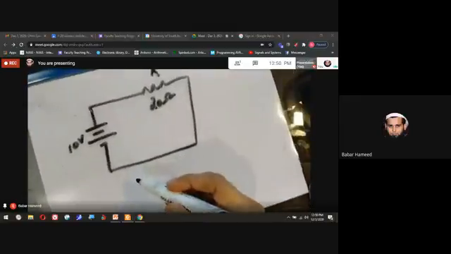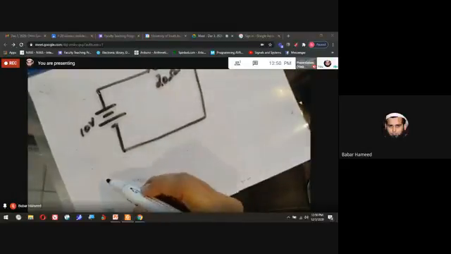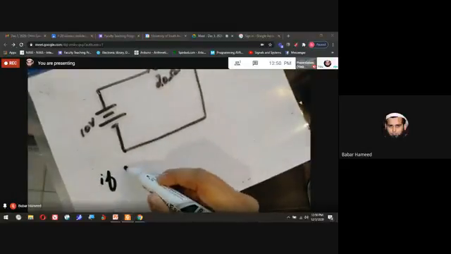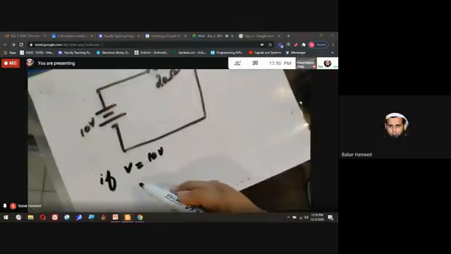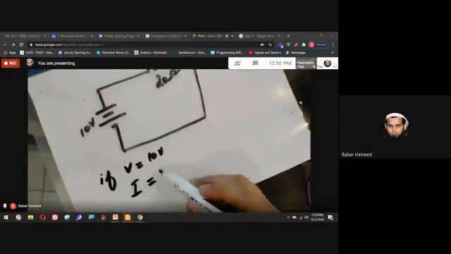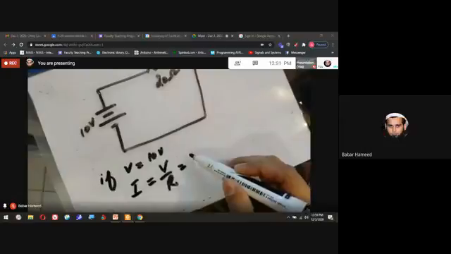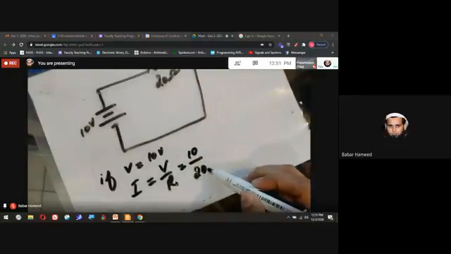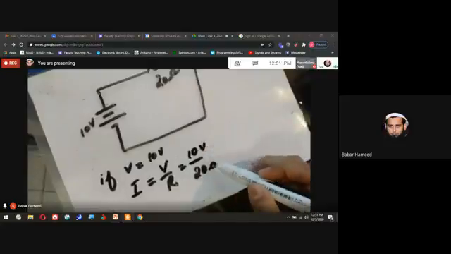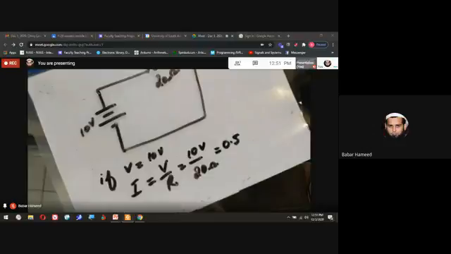If V is equal to 10 volt, then I is equal to V over R. What is the value of V? It is 10. The value of R is 20 ohm. 10 volt over 20 ohm will be 0.5.